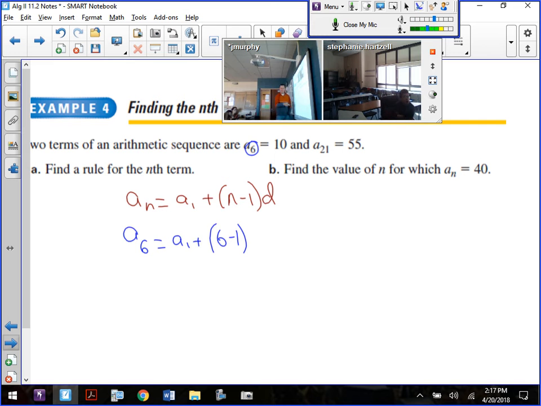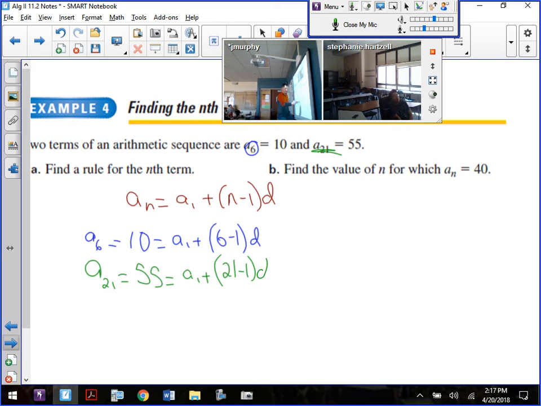Well, the sixth term is what? 10. Okay? I can also do that in terms of the 21st term. The 21st term is 55, which means 21 minus 1.